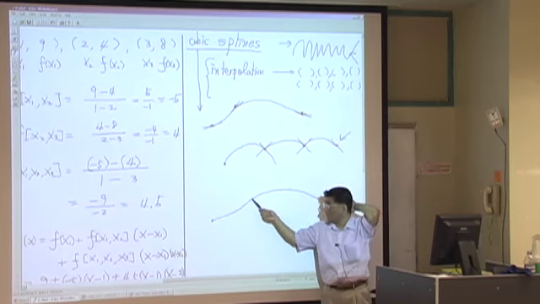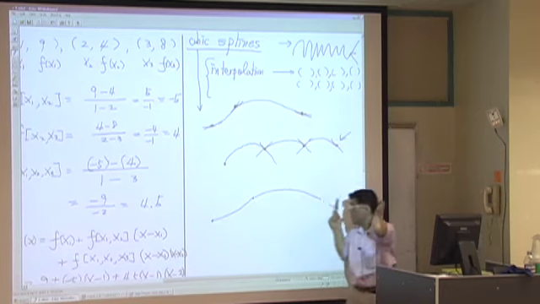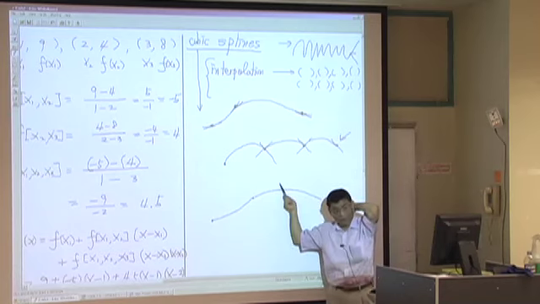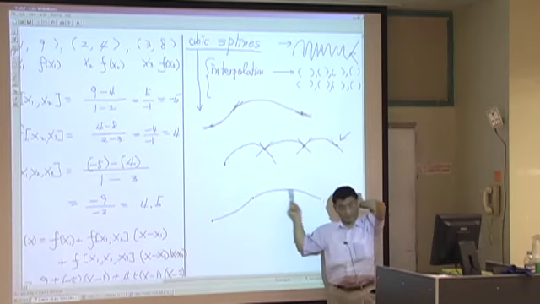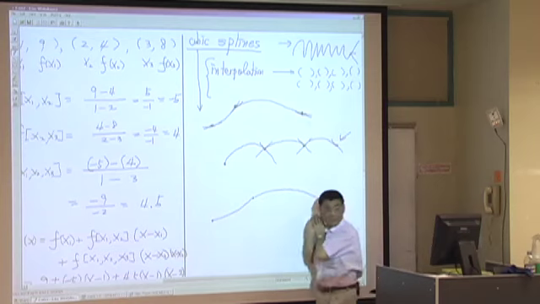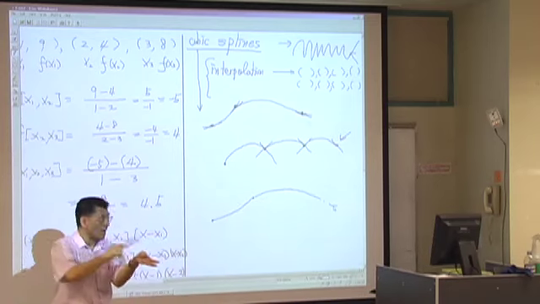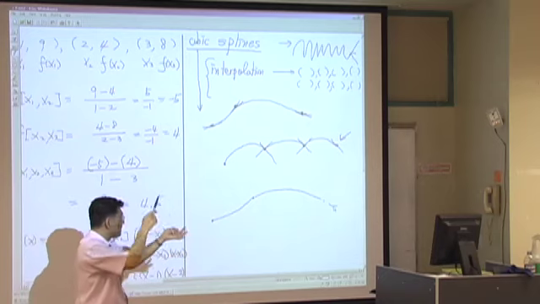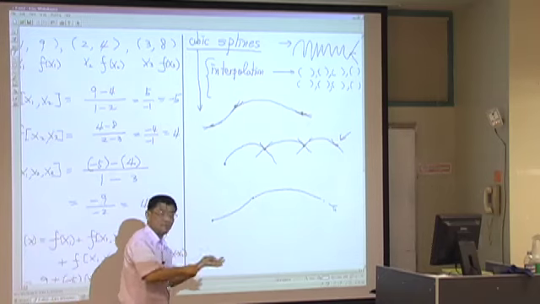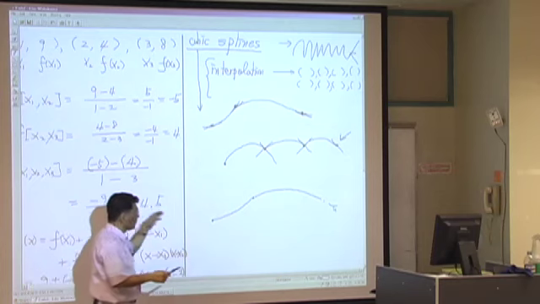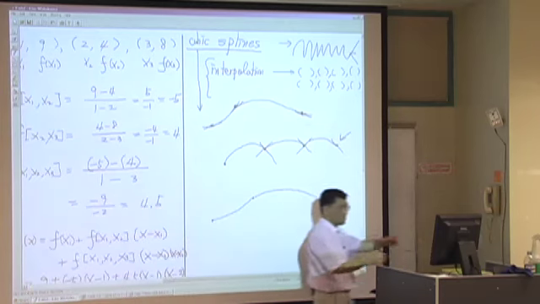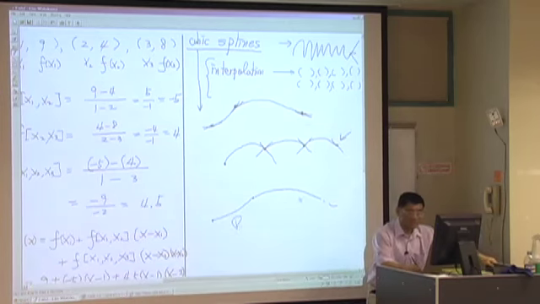It should match at this point: it should have the same height, the same slope, and the same second derivative. So even though these are separate pieces, first piece, second piece, third piece, all pieces are cubic, third order polynomials.